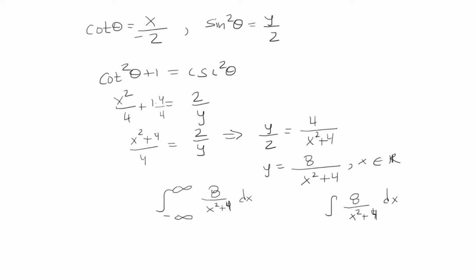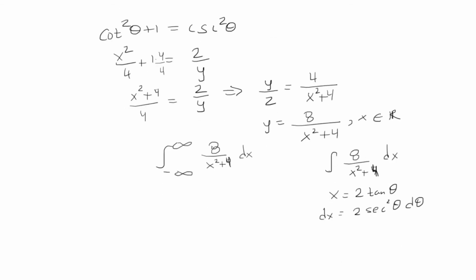And for this you need to use trig substitution. Let x equal 2 times tangent theta. So dx is 2 secant squared theta d theta. And actually, it's probably better to include the limits here because we're going to do a limit substitution. So as x approaches infinity, what is 2 tangent theta going to be approaching?